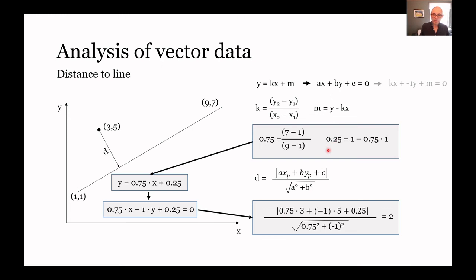And then we can use the information, we then rename m and k to be the c and a up there. And that means we can then start working on this. And this then allows us to calculate that distance there, which it should be 2. Fairly straightforward. Of course, the computer is going to do this for you, but this is just an illustration of how it is done.